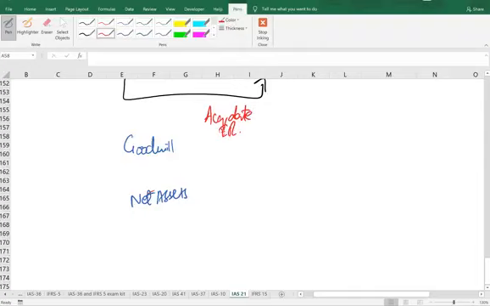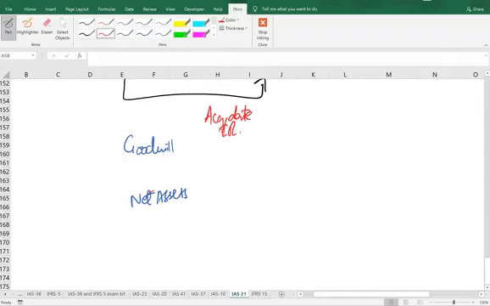So goodwill and net assets will be translated at the acquisition date exchange rate. Done. Because the day I acquire it is the day I take over the entire net assets and I calculate the goodwill on this company, right?